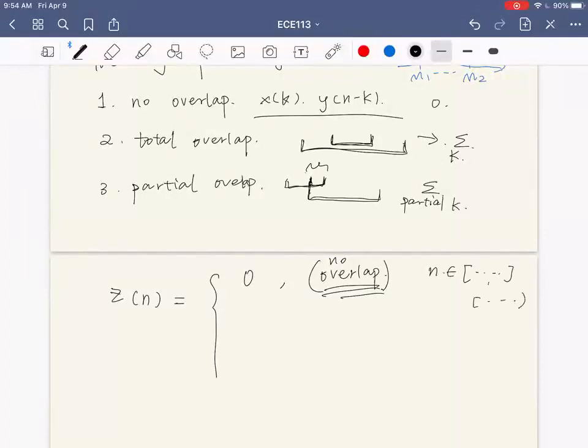Maybe it's a union of 2 intervals. Who knows? And then partial overlap. You write down partial equation for the partial interval. So similarly, you write the total overlap for the total overlap interval.